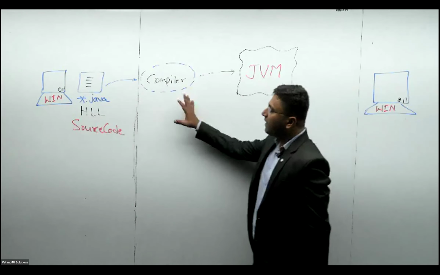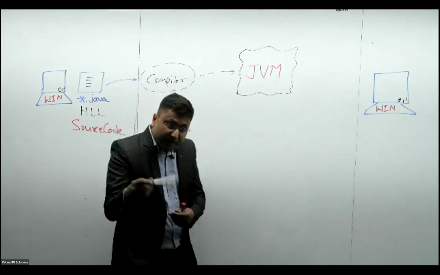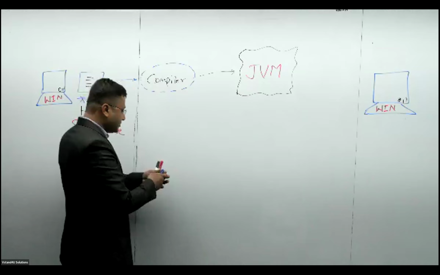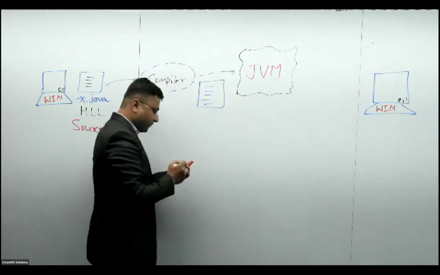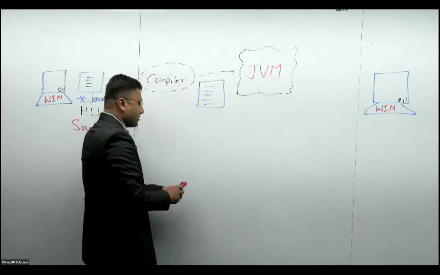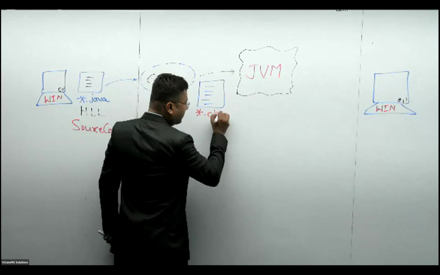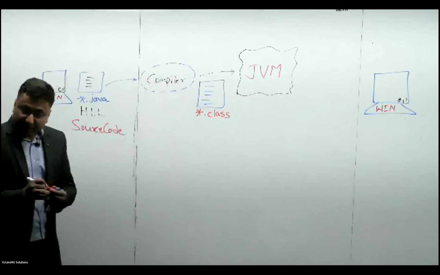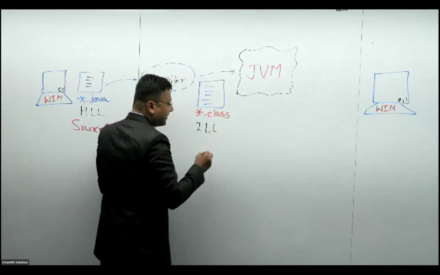Sir, the compiler has read source code written in high level language, the .java file. This compilation process will generate another file. This file will have the extension, I repeat, read very carefully, star.class. This file is written in intermediate level language.